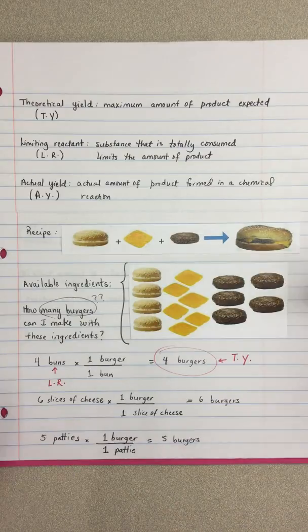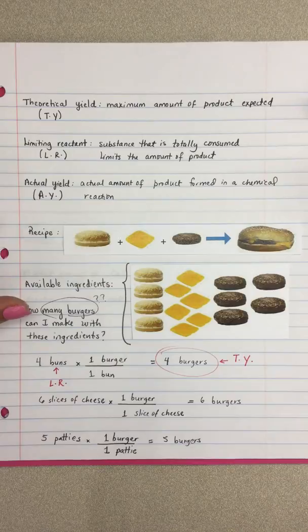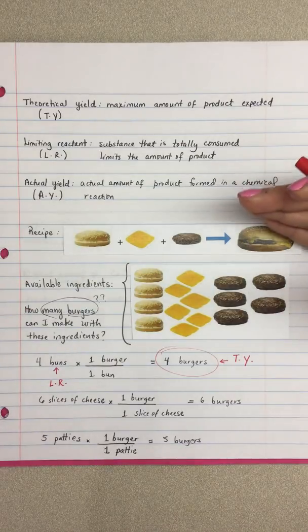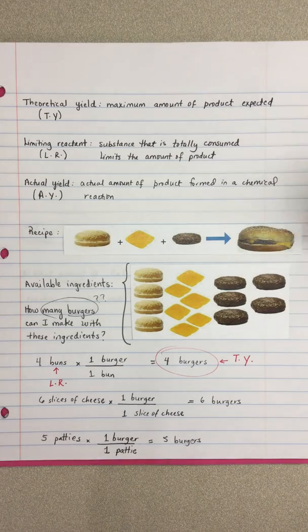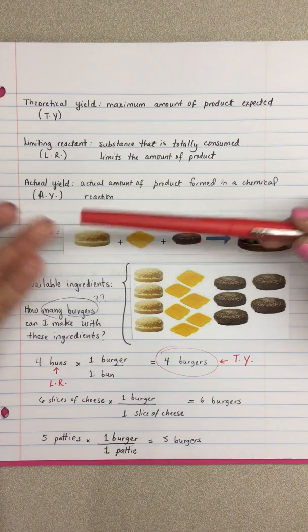So that's limiting the number of burgers that you're getting. And then the third one, the actual yield, right, is what you actually get. If you're doing a chemical reaction, you're expecting to get a certain amount of product based on the amount of reactants that you're mixing. But sometimes you spill any of your reactant when you're transferring.